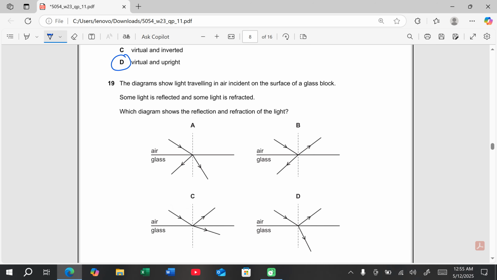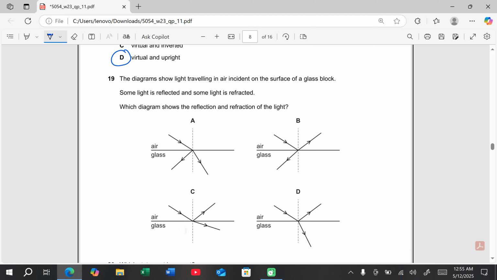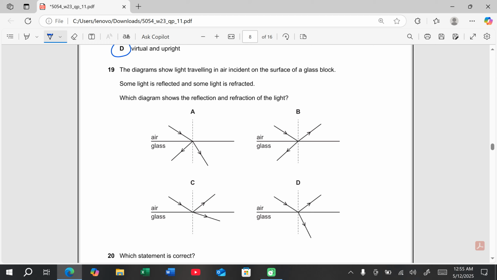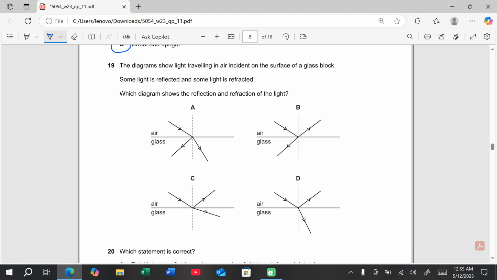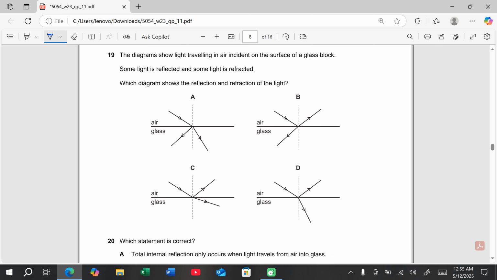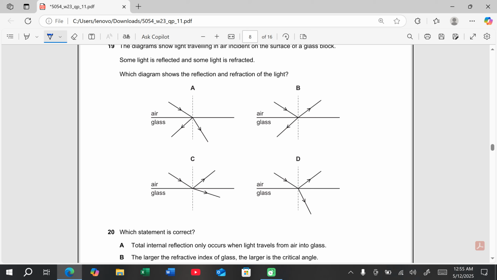In 19, the diagram shows light in air incident on the surface of a glass block. Some light is reflected and some light is refracted. Which diagram shows the reflection and refraction of the light? That's wrong, because reflection is not this way.